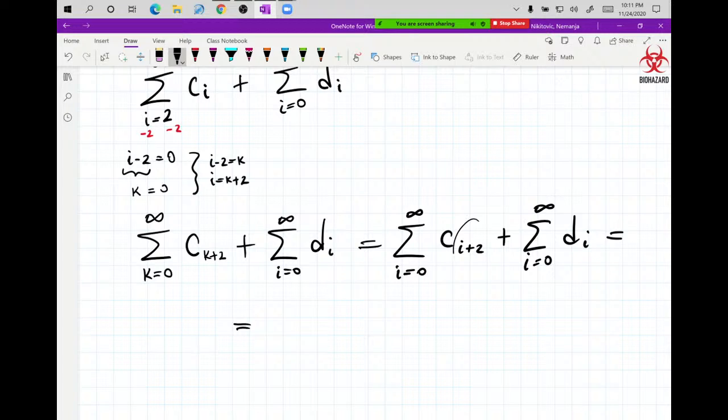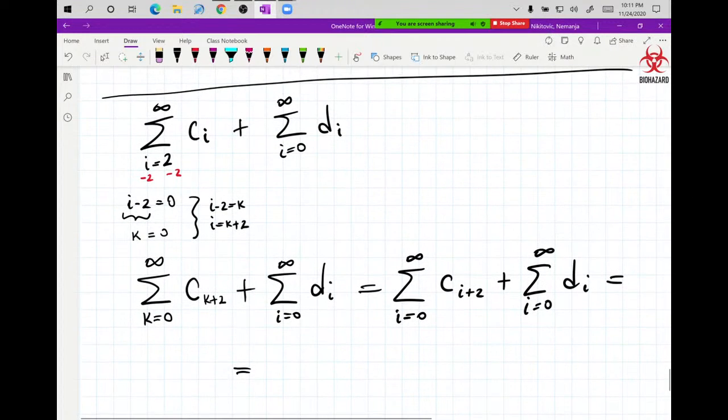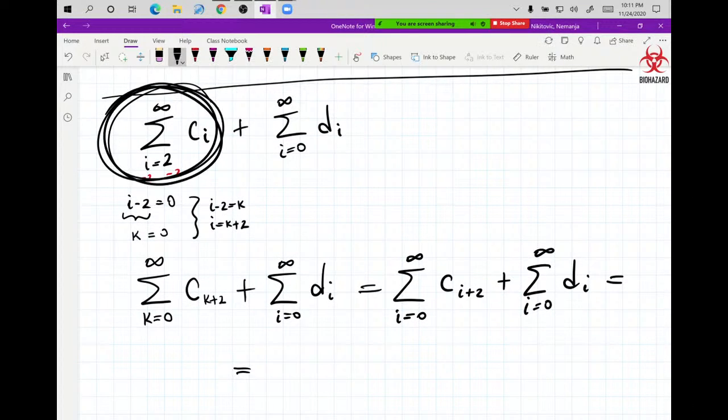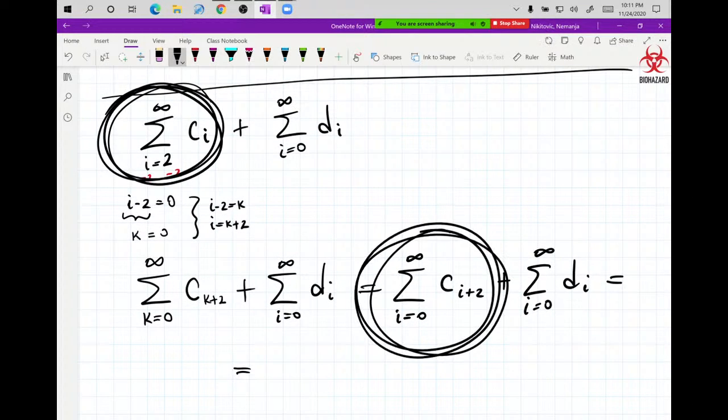But this is the key, right? You see that the counter changed, the index changed within the problem, within the sum. So now this sum and this sum is the same sum. When you compute it, it has the same value. Everything is the same about it.